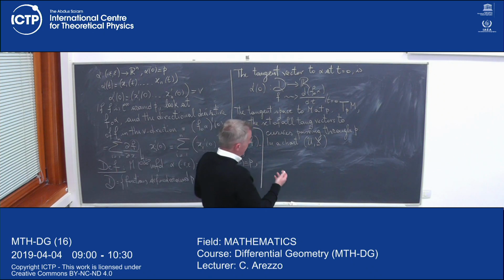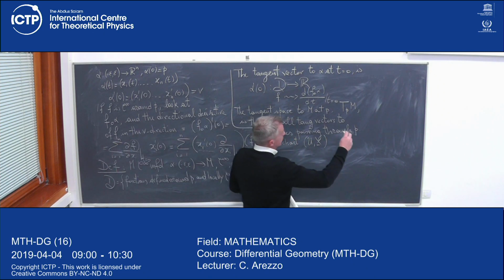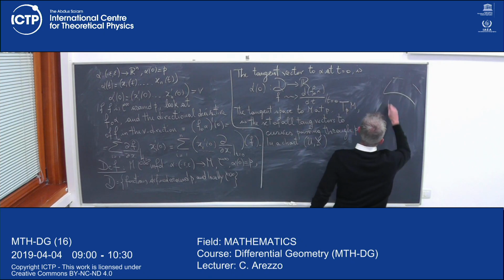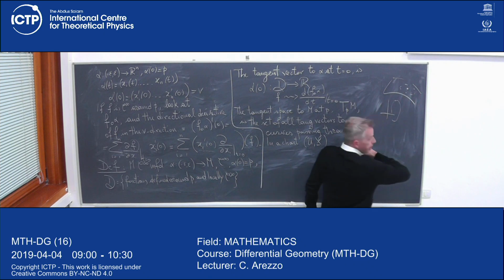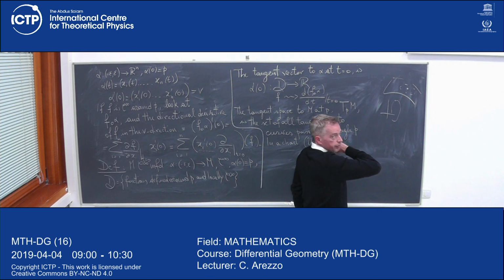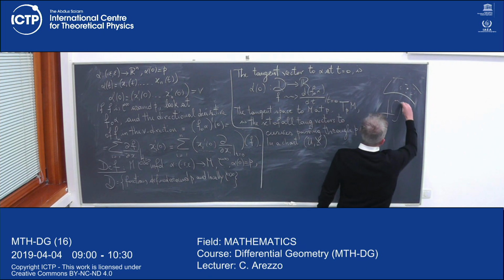So I have P on M. Okay, if you remember, always this picture. So I'm looking here. This is the part of the manifold covered by the chart, and this is the domain. This is X.